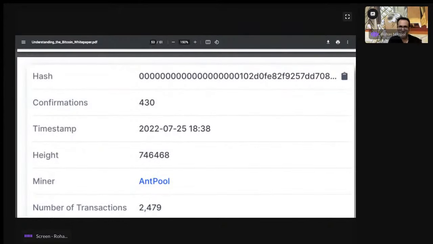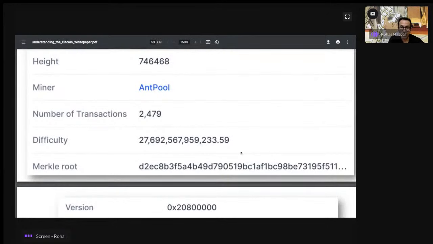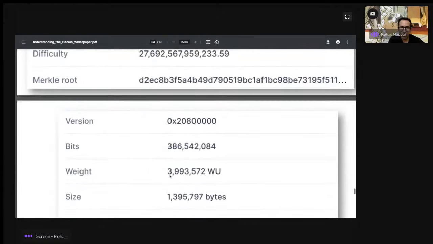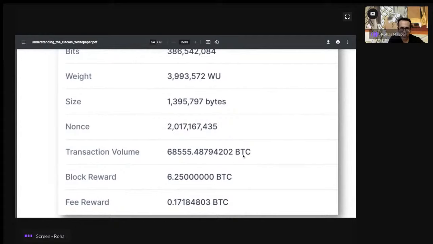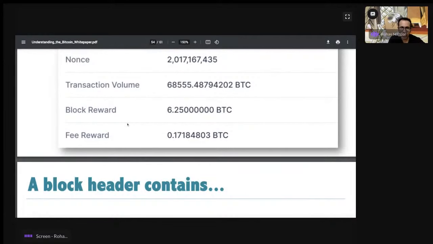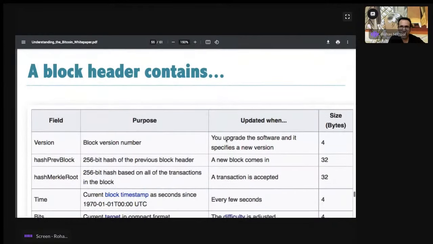For every block, we can see the hash, confirmations, which means how many blocks came after it, timestamp, height, which means the number from 0 of this particular block, the miner, the number of transactions, the difficulty level, the Merkle root, the software version, transaction volume of that block, 6.25 block reward, fee reward, all that is there.